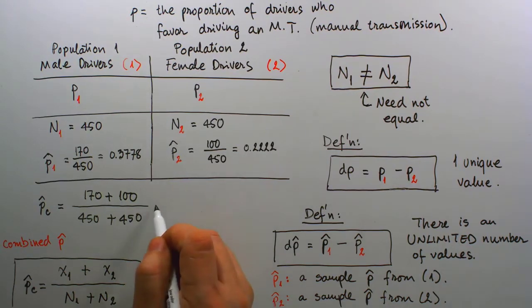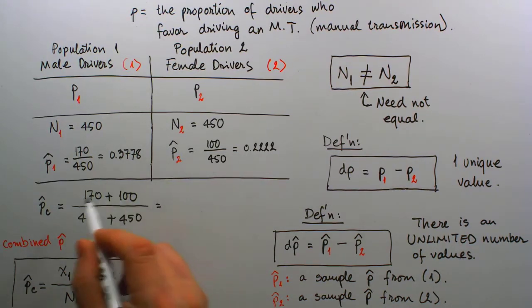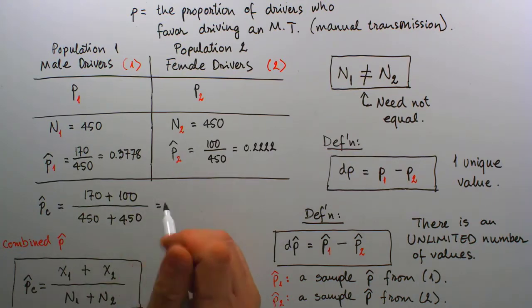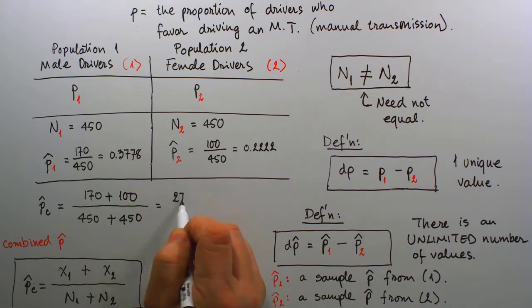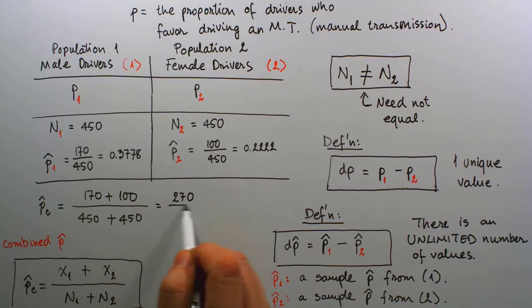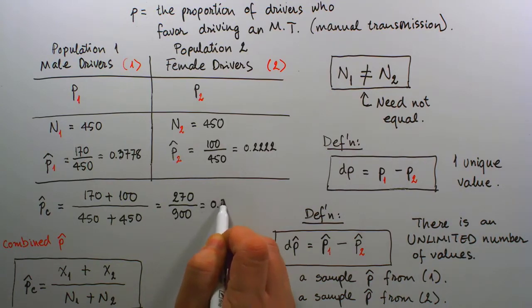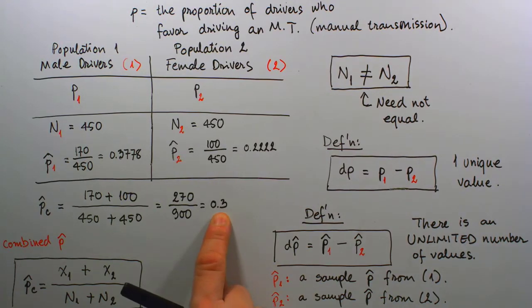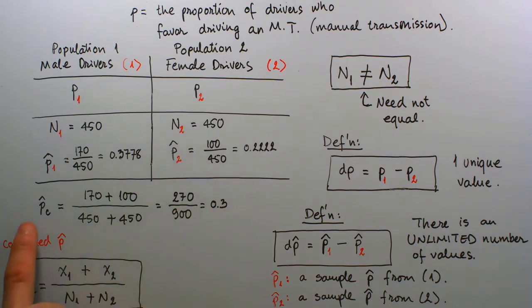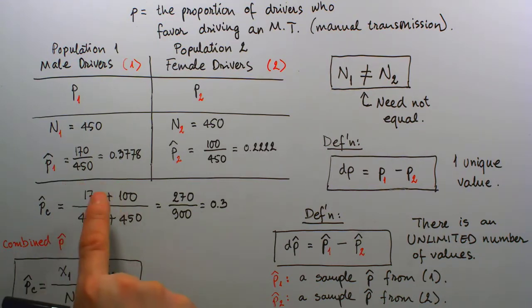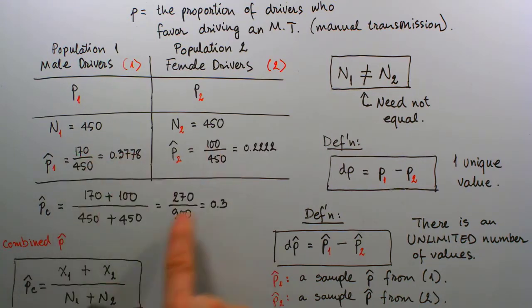Now back to this particular problem, our p hat c in this case is 270 over 900. The final calculation gave me 0.3. So this is neither p hat 1 nor p hat 2, but the combined p hat: the p hat we obtained by totaling up the two samples and also totaling up the success counts in the two samples, putting them all together as a pooled sample proportion.